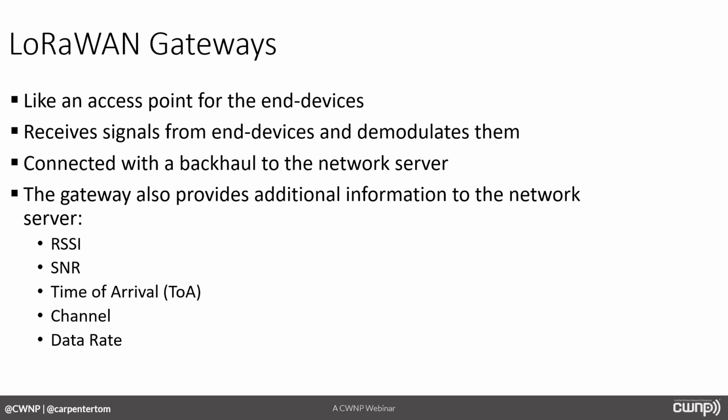So all of that extra information is sent to the network server, and it allows for management of the end device if needed. For example, the network server might indicate to that end device, you need to do an adaptive data rate and increase the data rate or decrease the data rate accordingly. So that kind of thing can be accomplished because of this extra information that is sent up to the network server.